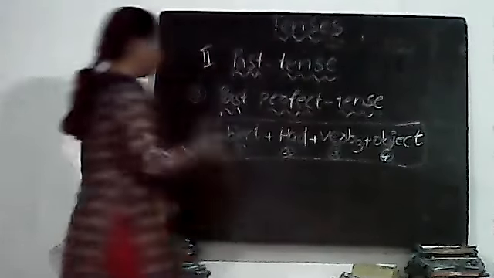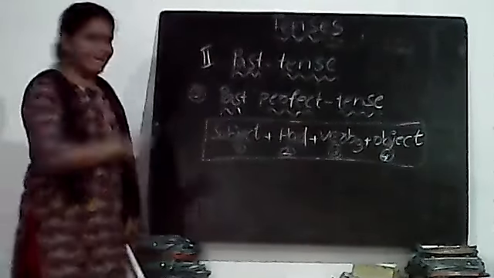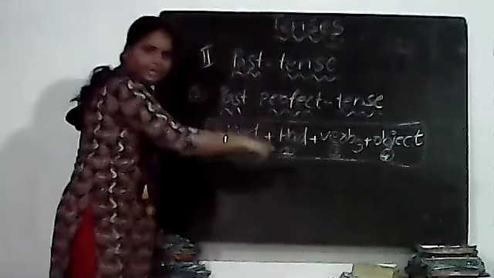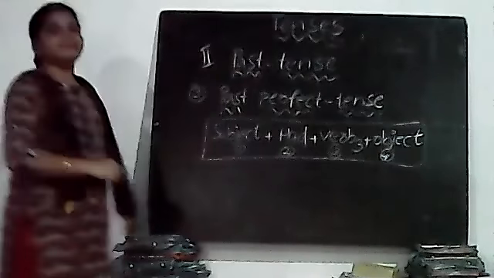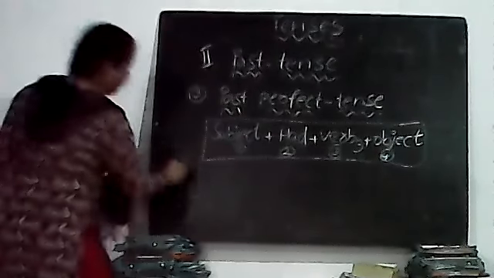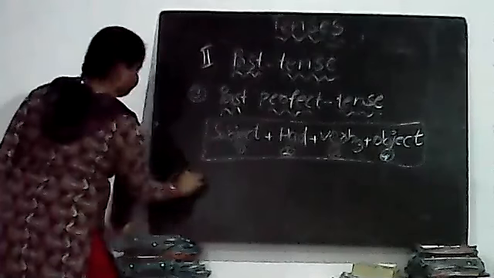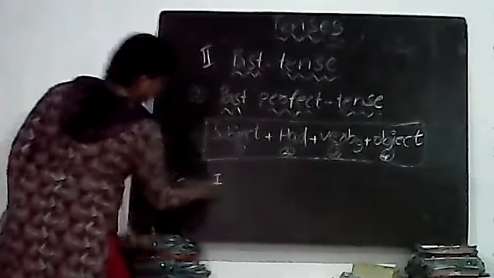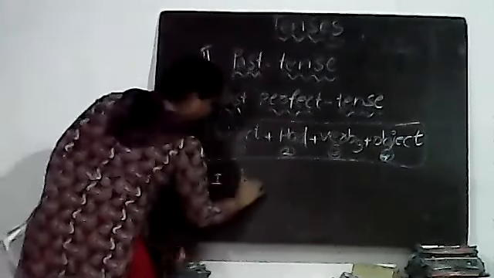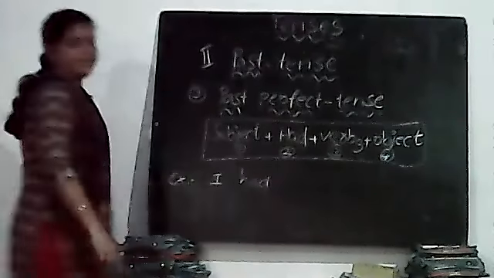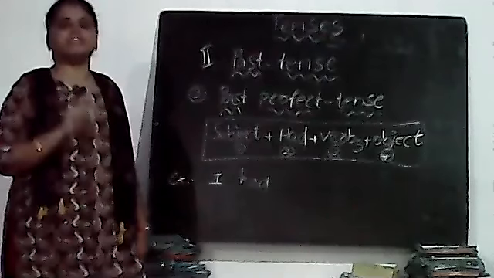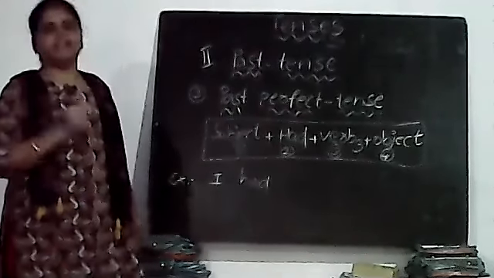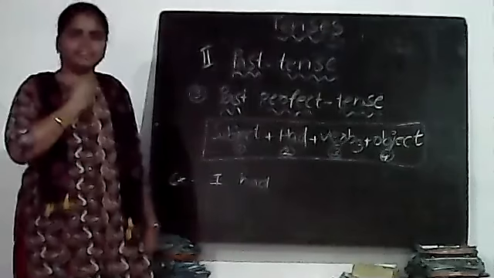Next, fourth. So here subject, had, verb 3, object. Previously, which verb did we take? Speaking. So here also I take the speaking verb form. I had, already I wrote on the blackboard before: speak, spoke, spoken, speaking.